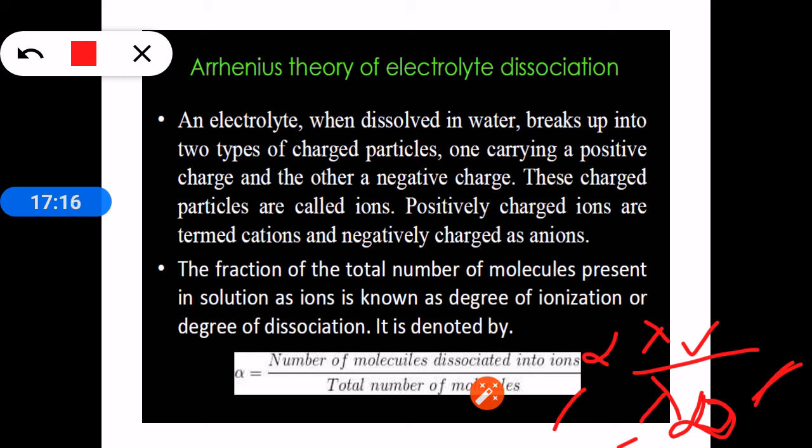So we can say that at infinite dilution the conductance is proportional to the total number of molecules. So alpha equals lambda V by lambda infinity. To measure the degree of dissociation, that is the number of molecules dissociated into ions by the total number of molecules, we have to calculate lambda V by lambda infinity. This value will give alpha, that is the degree of ionization.